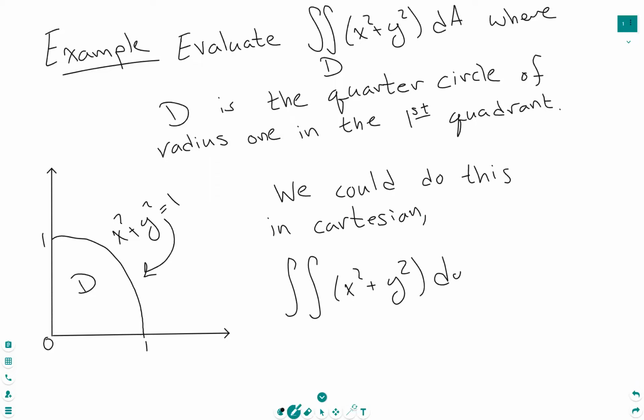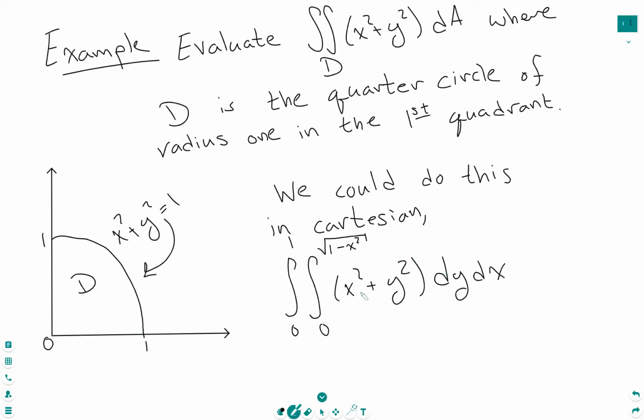And then I'm going to do dy dx first, which means I'm going from bounds of x, right? So I'm going up along vertically. So I go from y equals 0 all the way up to this line, which I can solve for as a function of x. So this goes from 0 to the square root of 1 minus x squared. And then all of these traces in the x direction go from 0 to 1.